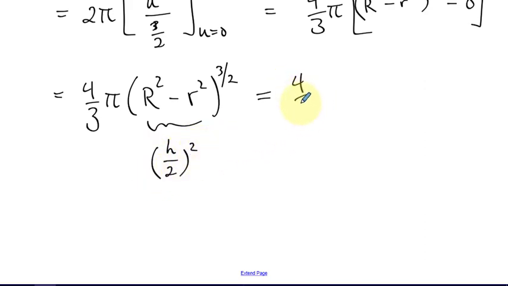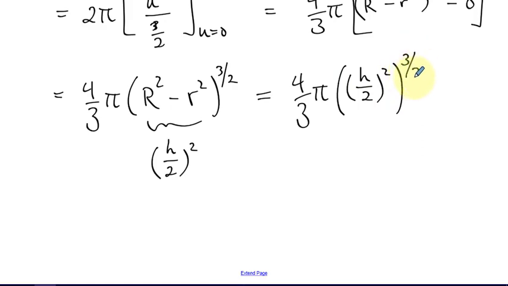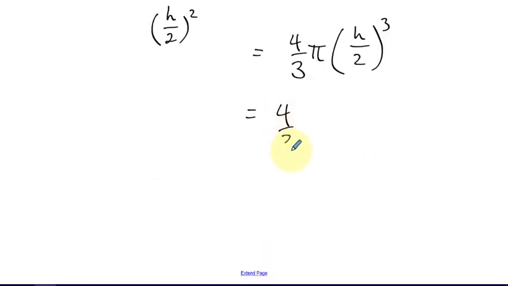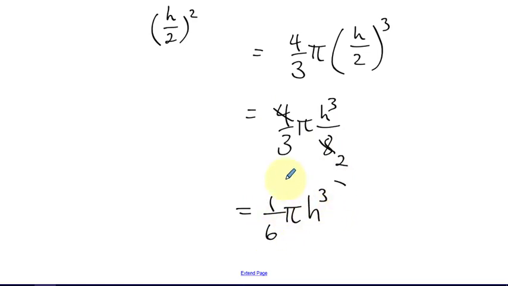So we have 4/3 pi h over 2 squared, all raised to a 3/2 power, and then these guys cancel. 4/3 pi, this will be h over 2 cubed. That's 4/3 pi h cubed over 8. So finally 1/6 pi h cubed.